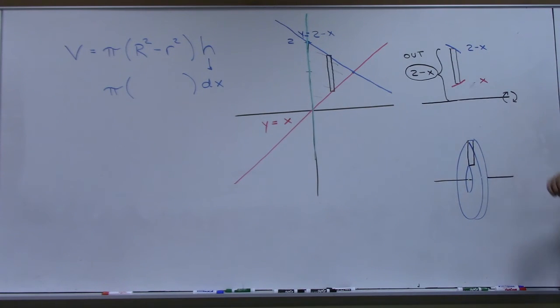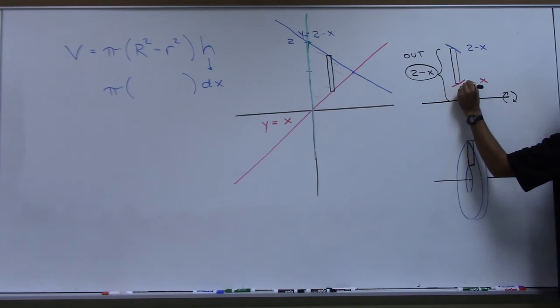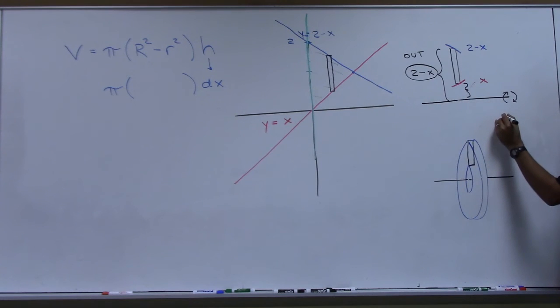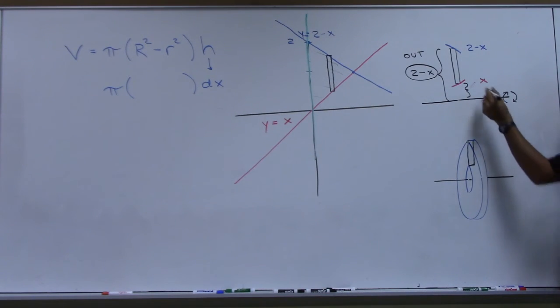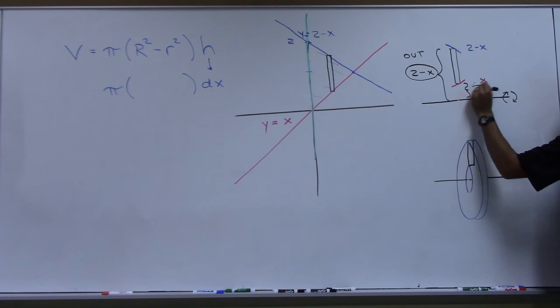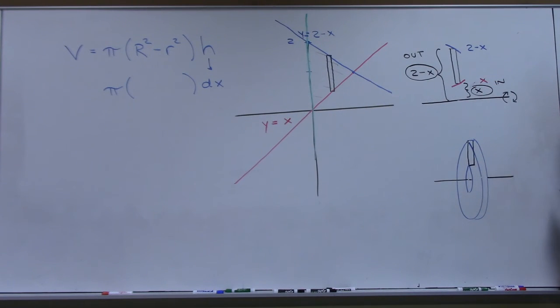Then the little r will be from here to here, and that distance is x, the red part. From here on out, I'm going to call that in. Out for outer, in for inner. If you want to write outer and inner, you can.